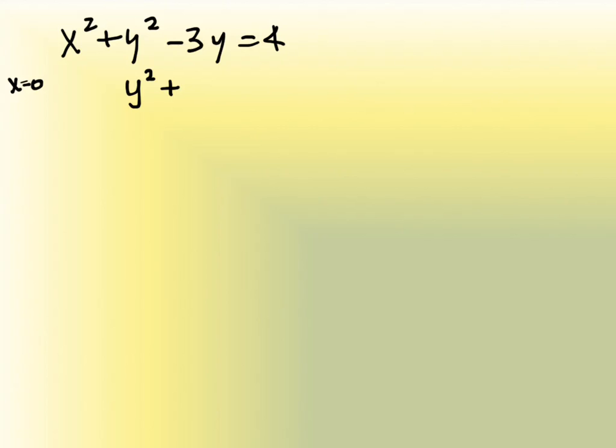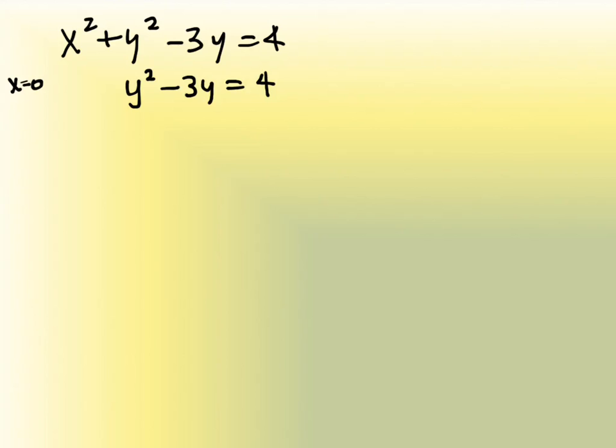So I can take this equation, x squared plus y squared minus 3y equals 4, and I can plug in x equals 0 to find out the y value that this is referring to. So if x is equal to 0, then I end up with y squared minus 3y equals 4.